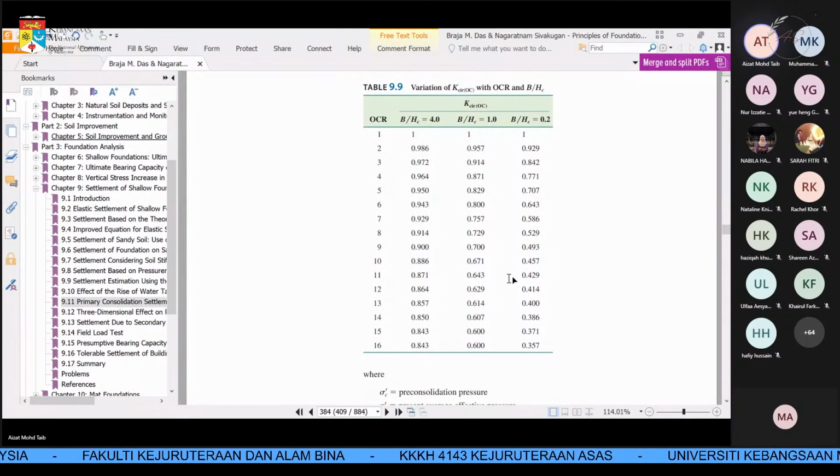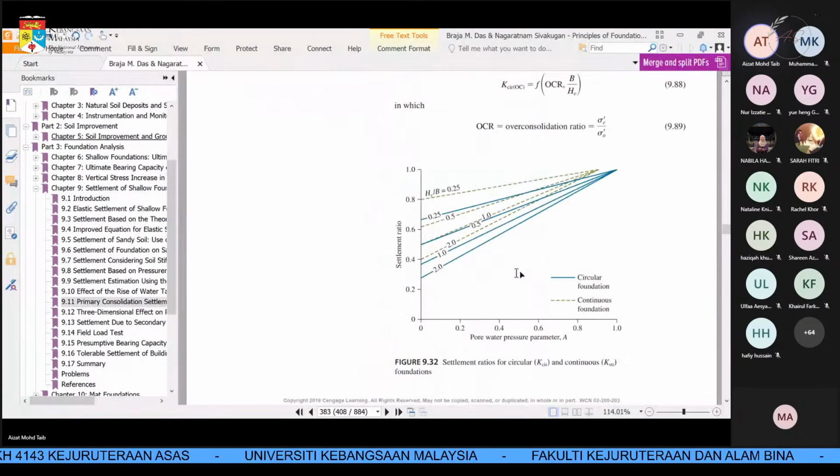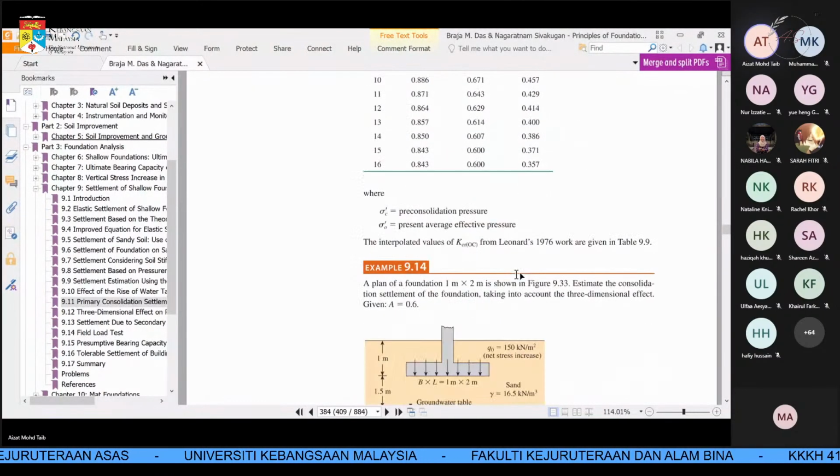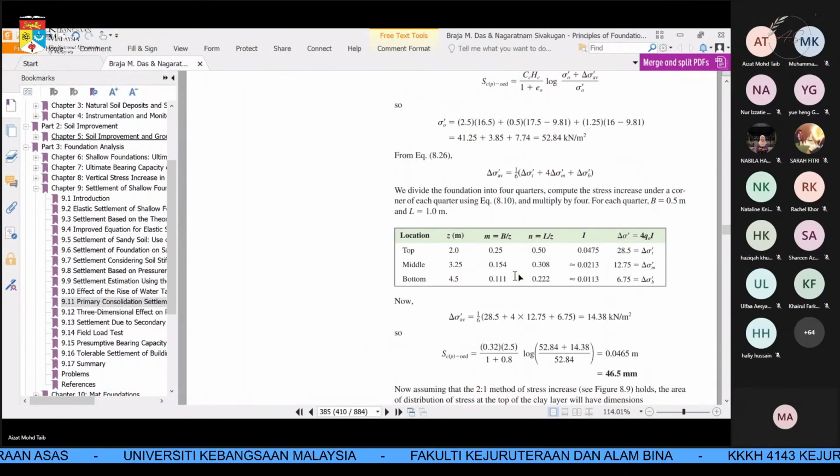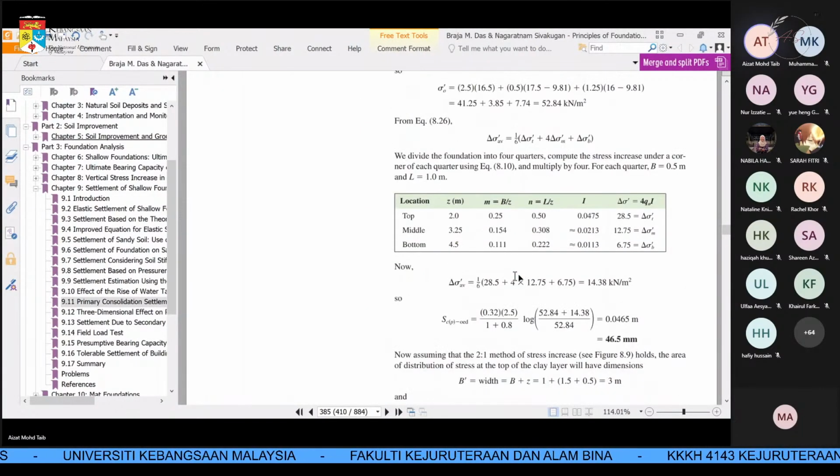The 3D effect enters the odometer. The odometer is one-dimensional consolidation. So this part is already 3D.